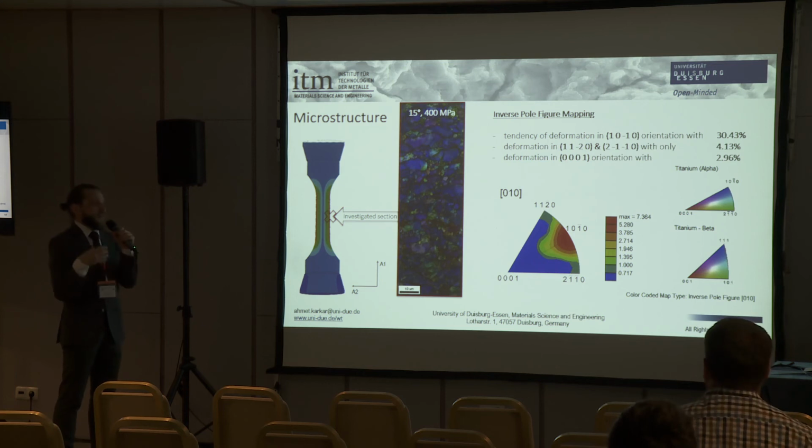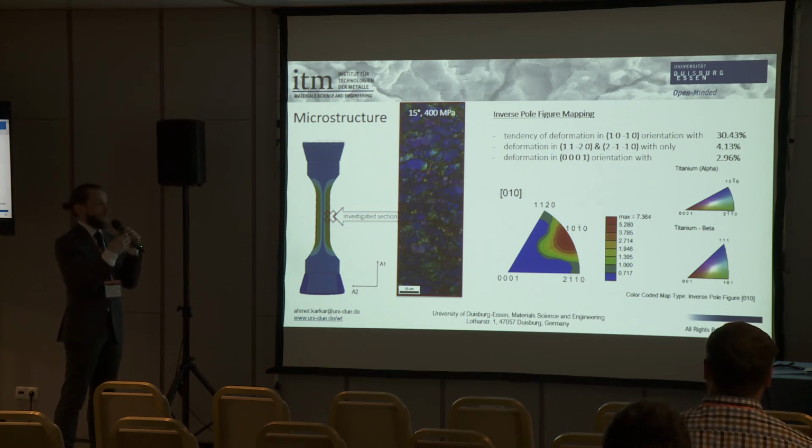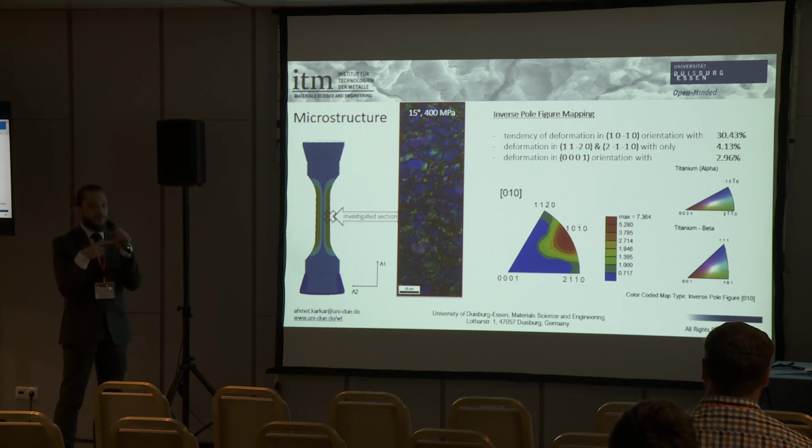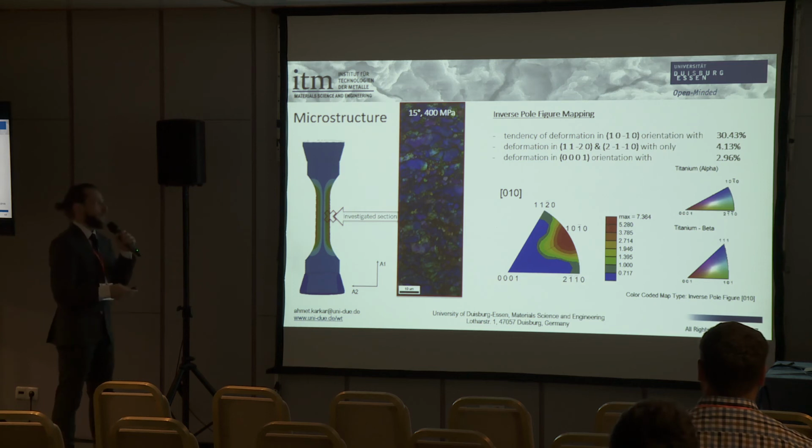If we go further and increase the torsional angle, we can see a tendency of the grain structure here again in 10-10 direction. This can also be read in the literature, that the alpha grains of titanium 6-4 tend to deform in 10-10 direction. So the literature states this result.